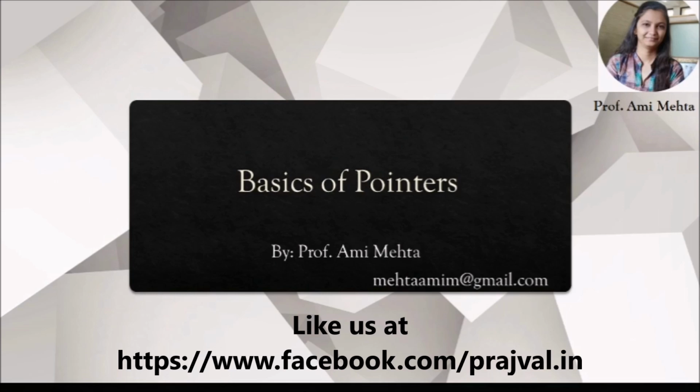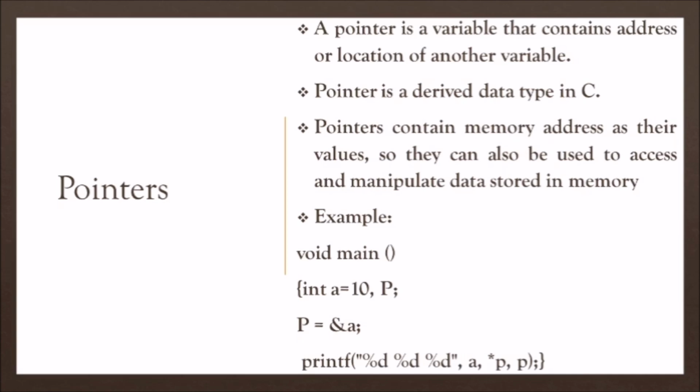Okay, so basic things regarding pointers. A pointer is a variable that contains the address or location of another variable. Actually, it is a variable which stores not any particular value, but the address of another variable.